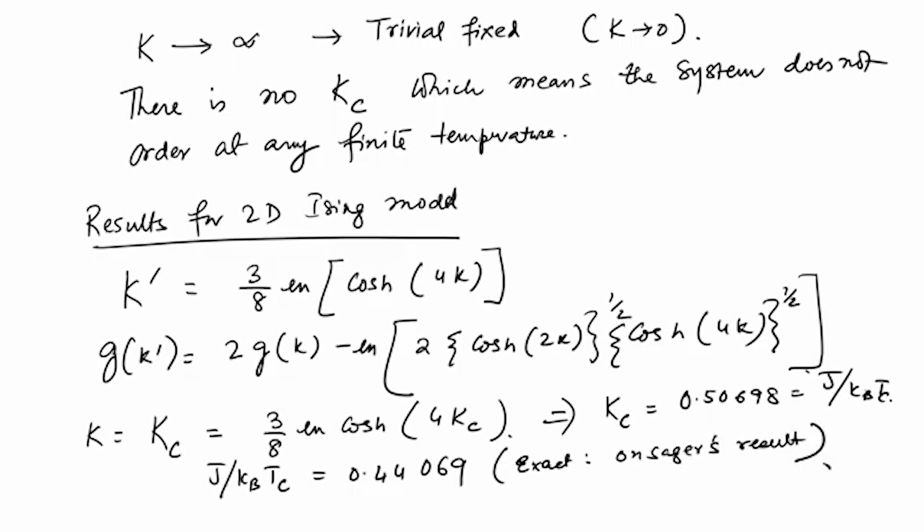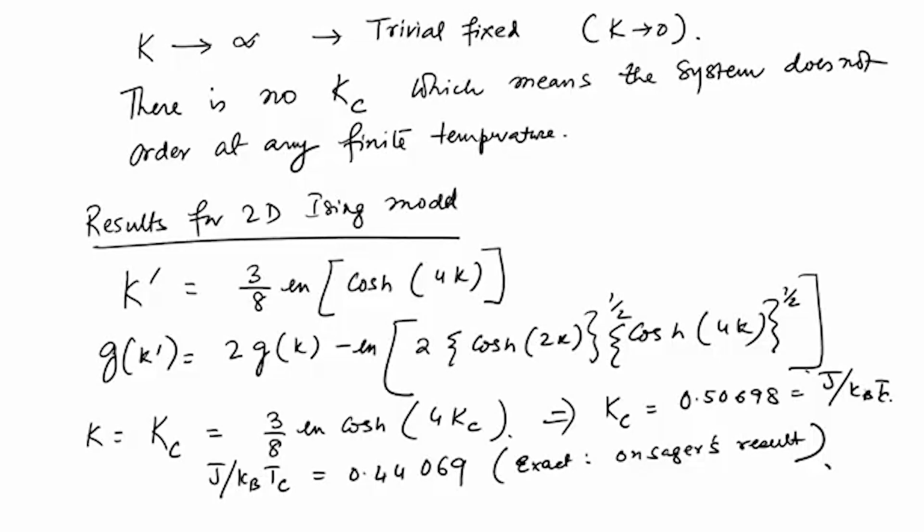Okay. So, which means that in the 2D Ising model there will be an ordering, and there will be no ordering in the 1D Ising model, as the flow goes all the way from 0 to infinity. There is no finite temperature at which there could be ferromagnetic ordering in the 1D Ising model. However, it does in 2D.